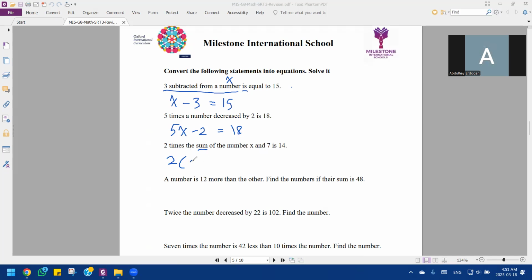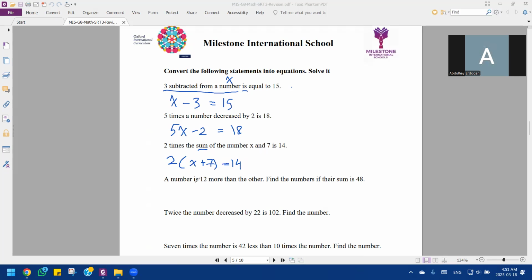Of x and 7. So it's x plus 7. So that 2 is multiplied by the answer of x plus 7. And this will give us 14. Okay. If we solve this, x will be equal to 0.